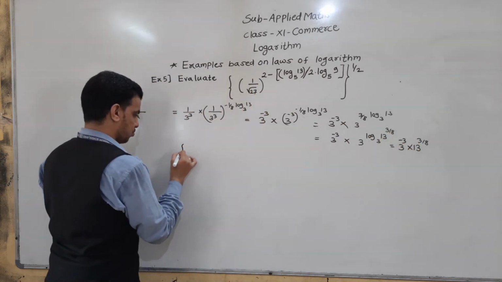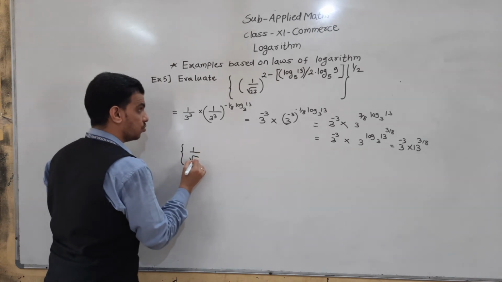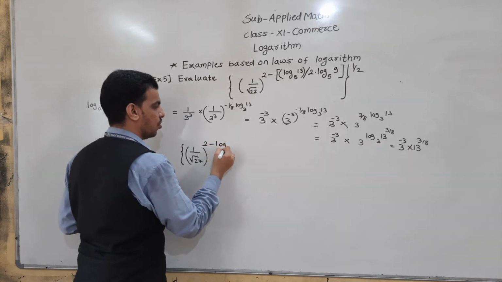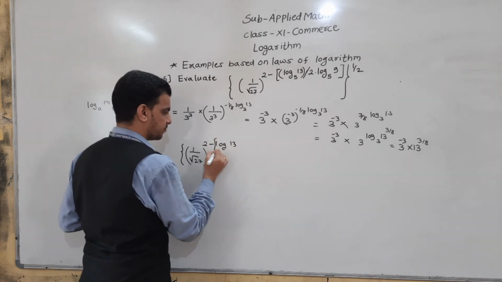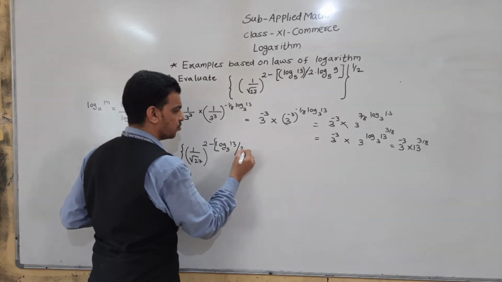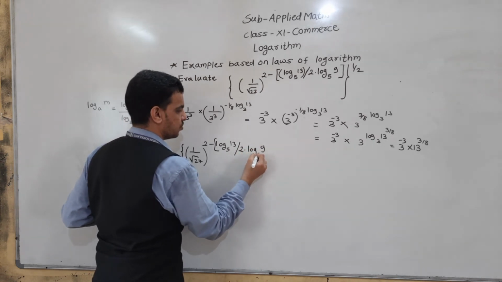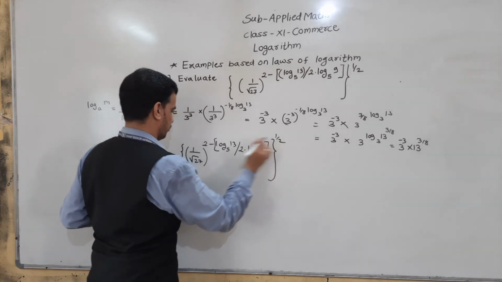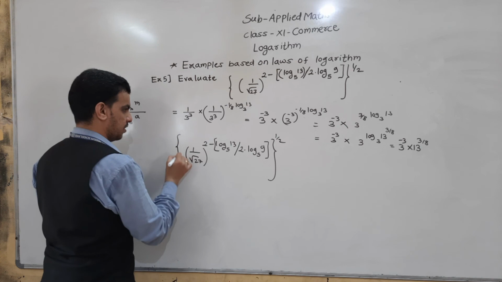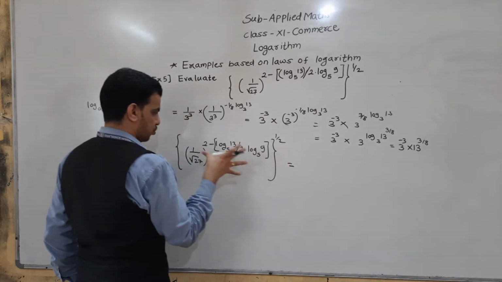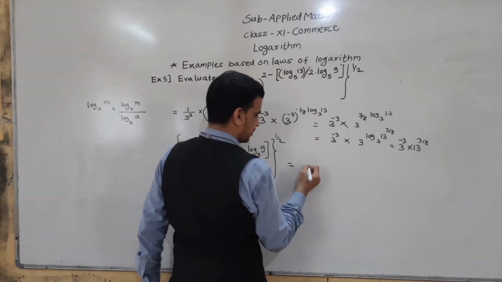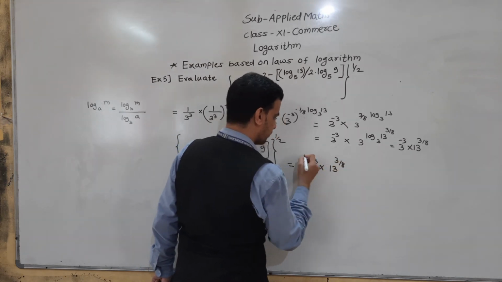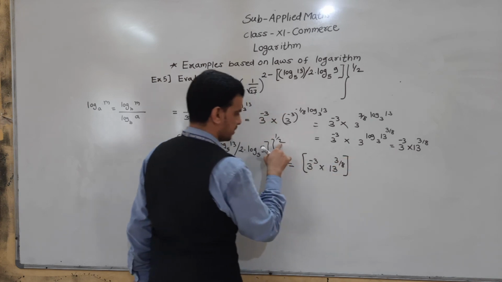So 1 upon root 27 raised to 2 minus log of 13 to the base 5 upon 2 into log of 9 to the base 5, and the whole bracket raised to 1 by 2. Now simplification of this whole term: 3 raised to minus 3 into 13 raised to 3 by 8, and the bracket raised to 1 by 2.